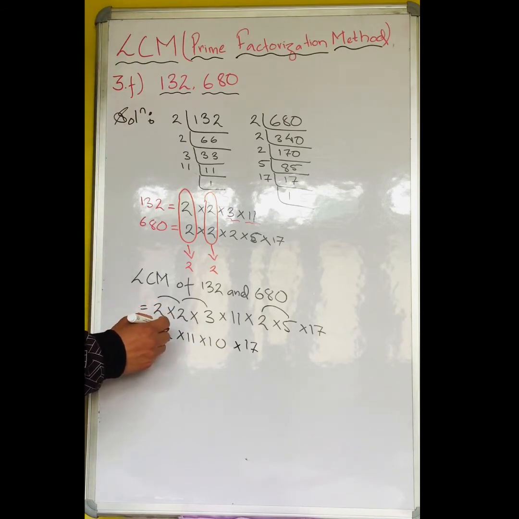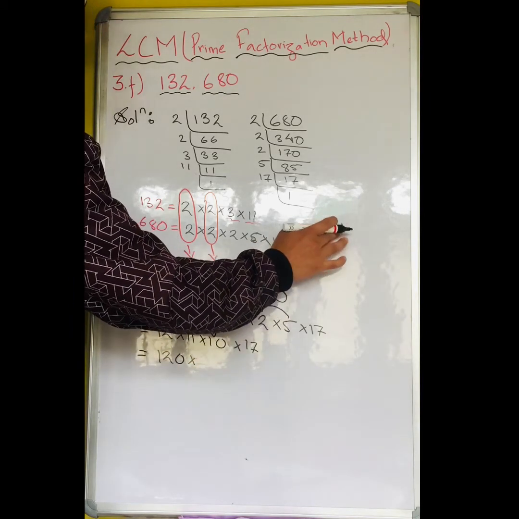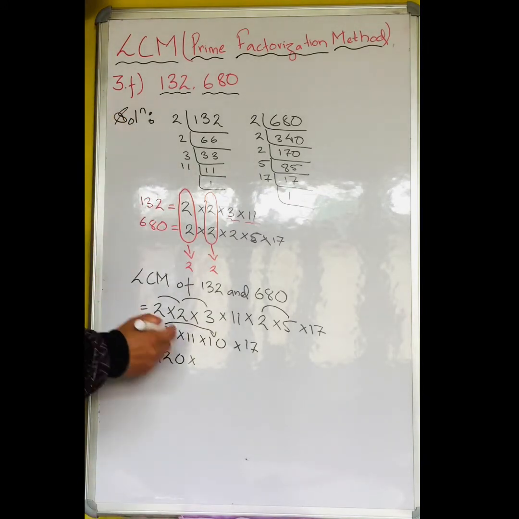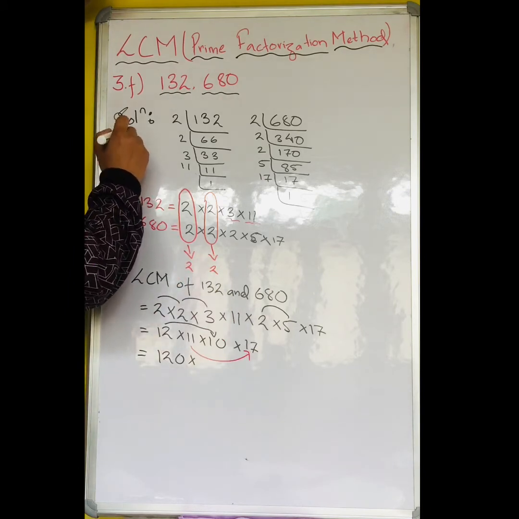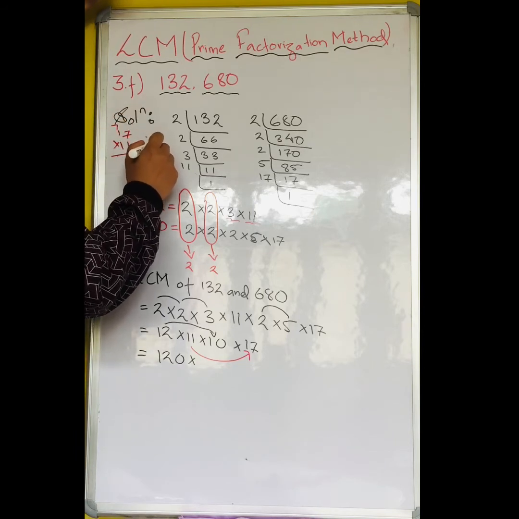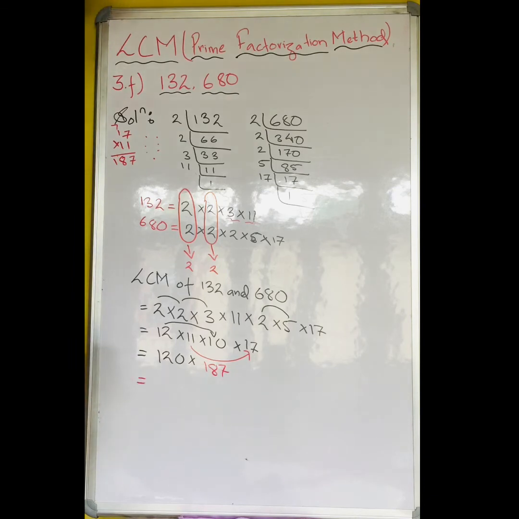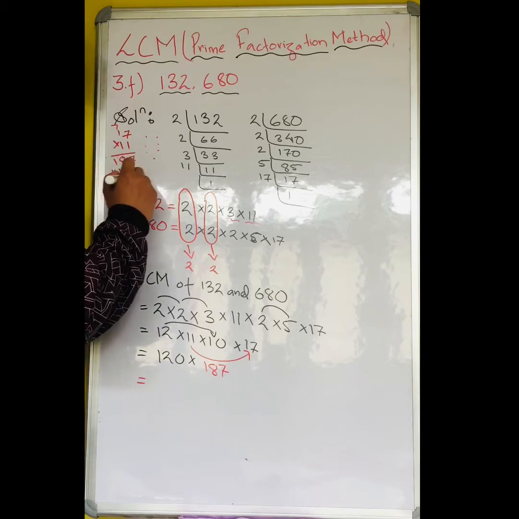So 12 into 10 is 120, into 11 into 17. Let me do a rough calculation here: 11 into 17, 11 sevens are 77, 11 ones are 11, which gives 187. So now let us multiply 187 by 120.